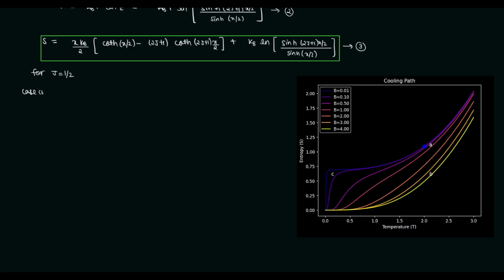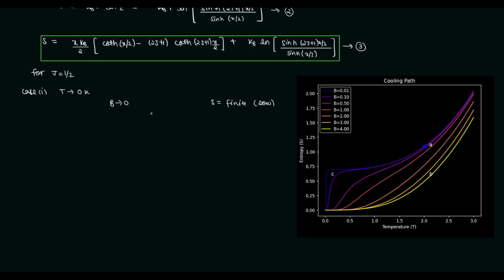Now here let's consider the limiting cases for temperature tending to 0 Kelvin, or at very low temperatures, and the magnetic field value approaching 0. In that case, the entropy will be some finite value, which will be low because the temperature is low, but as the magnetic field is 0, the moments will not get any particular direction of alignment.